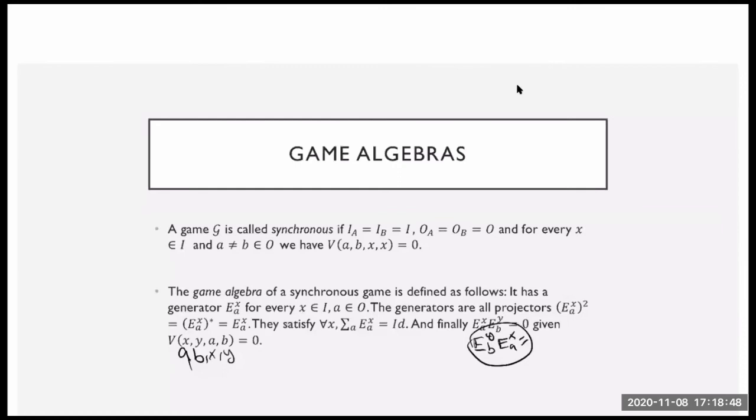Michael, is there some condition on the game? This theorem translates conditions on the game to the game algebra, but is there some condition on the game which gives a faithful tracial state? I'm not sure.